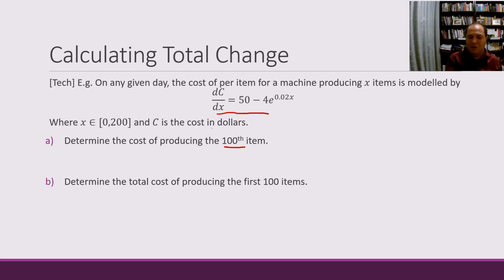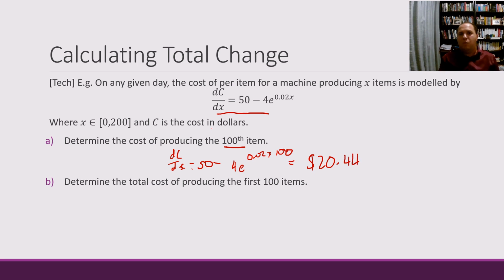We just substitute in 100. So the cost is going to be, you see, C'(x) equals 50 minus 4e to the 0.02 times 100, which is going to equal $20.44. So that 100th item is going to cost $20.44 to make, basically.